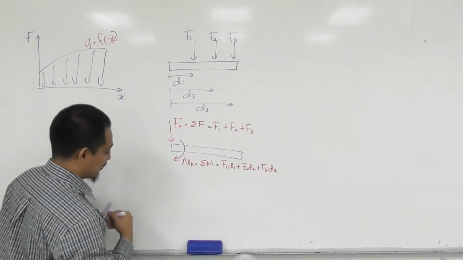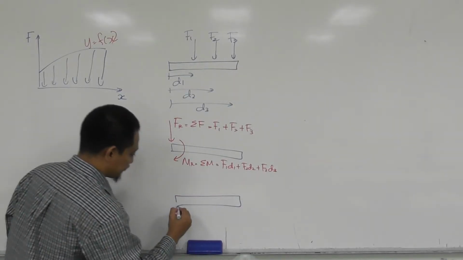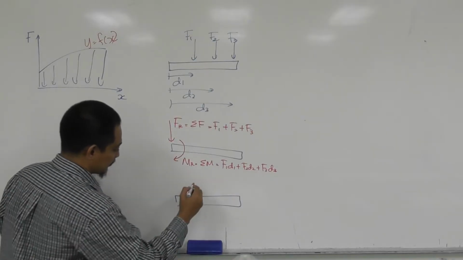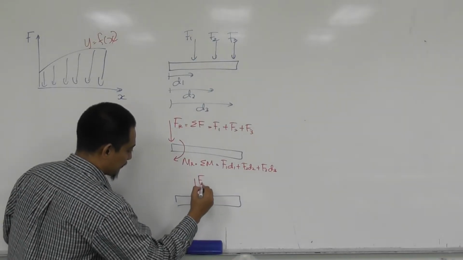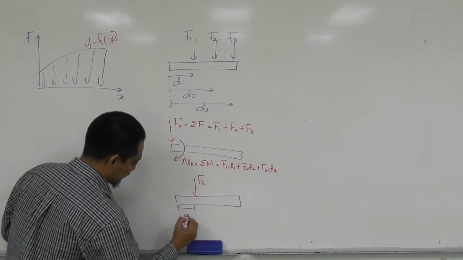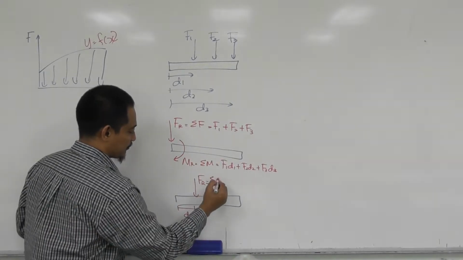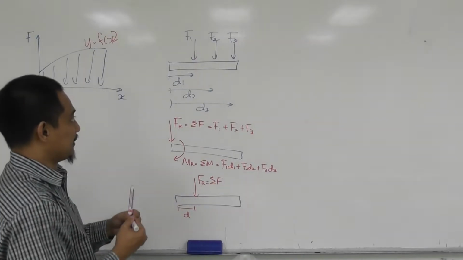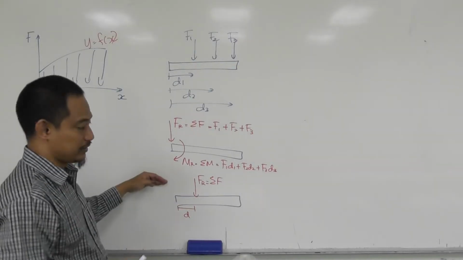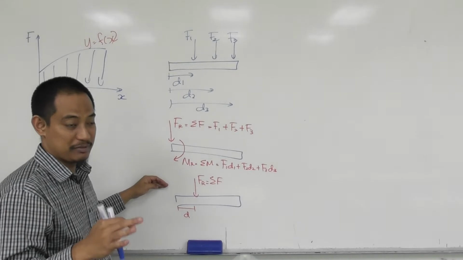Then if we further simplify to a single force Fr at a distance d, Fr is still the same: just the summation of all forces. From here to here, it should have the same impact or effect on the beam.